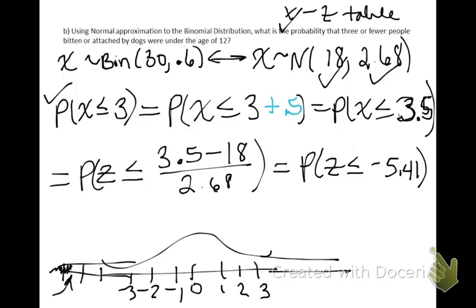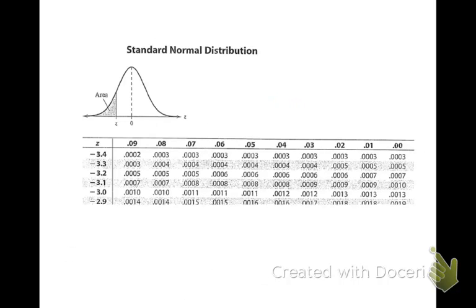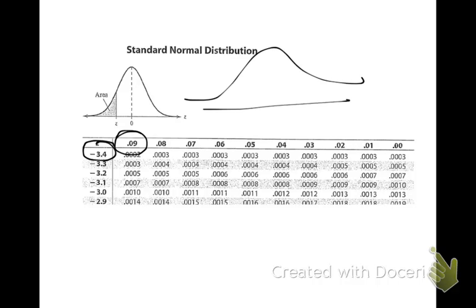And again, just to show you on the table, the absolute largest z-score on the table is negative 3.49. If you're on the z-curve at negative 3.49, the probability of being here and down is 0.002. So if you were to go even farther out on the tail to a negative 5.41, the probability of being here and down would be practically 0, even smaller than 0.002.